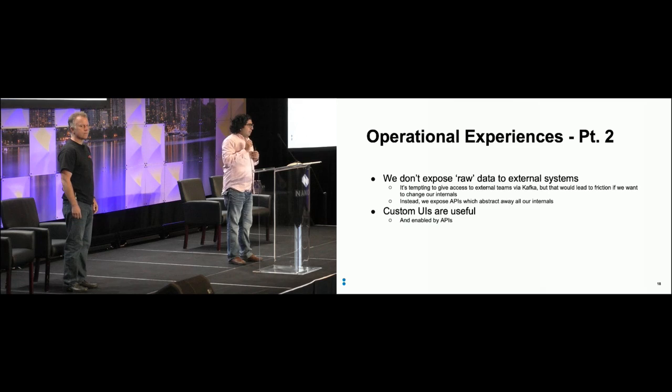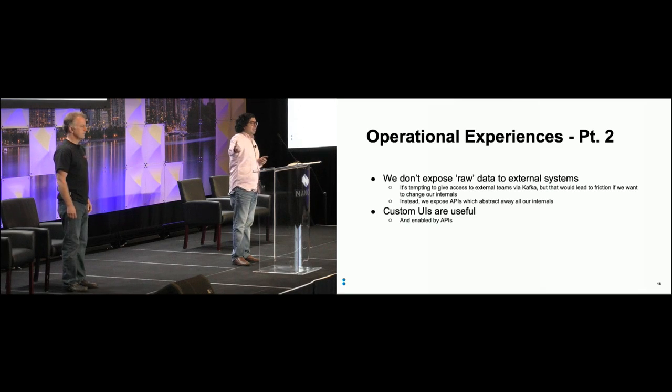But here's the problem: if you do that, you can never upgrade. You'll be tied into a certain Kafka version because a downstream consumer depends on it, or tied into a specific serialization format. If you ever change that, your downstream consumers will break.